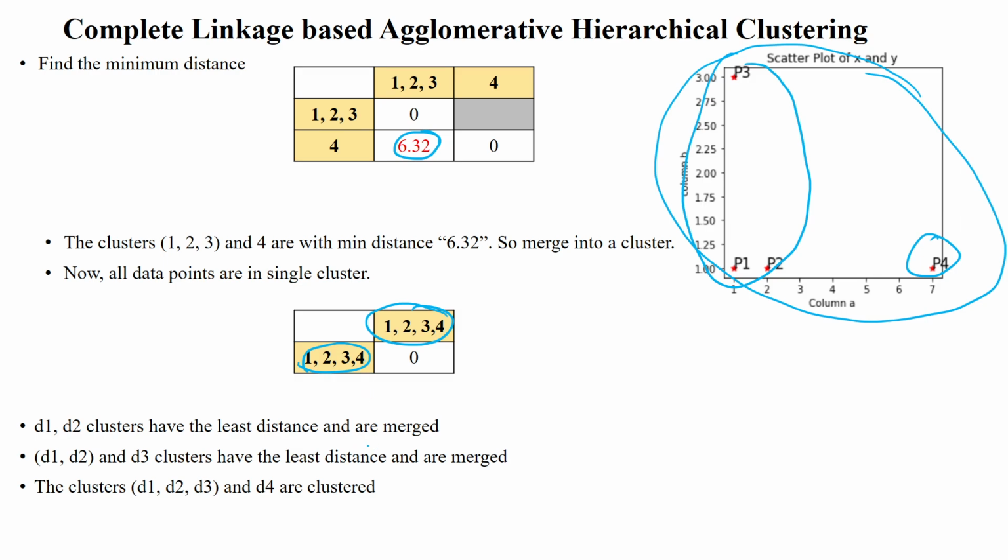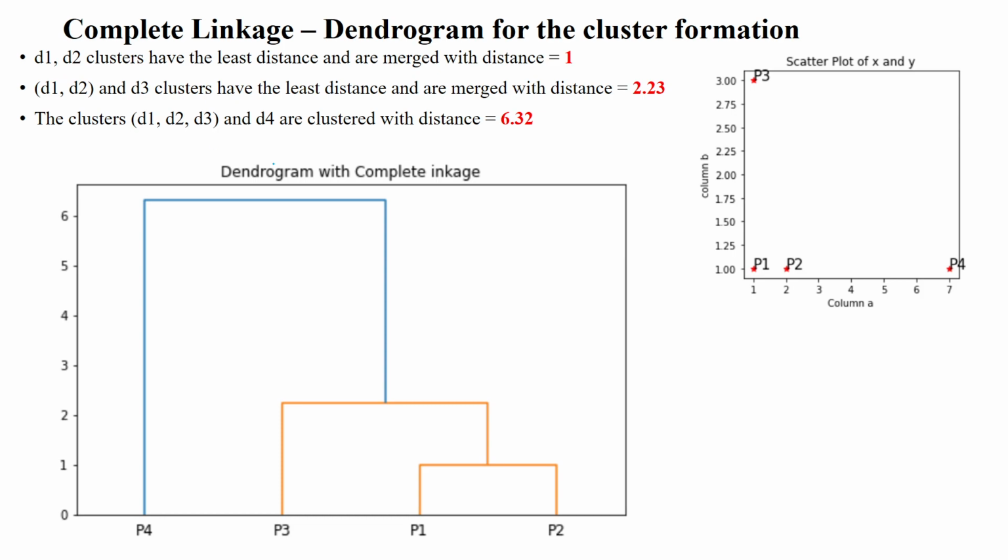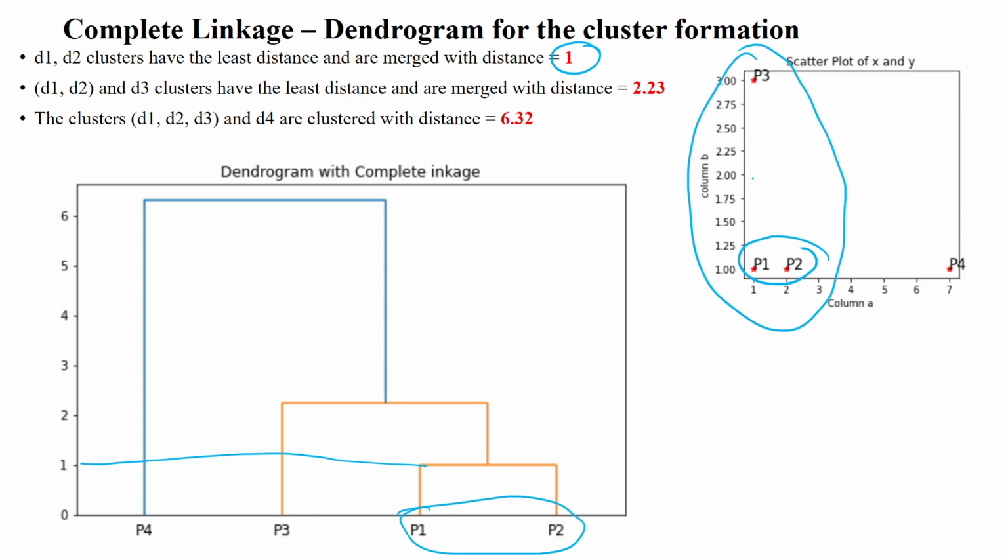After this, we have to draw the dendrogram, the tree-like structure. Initially we combined P1 and P2 with the distance value 1. Then we combined P1, P2 and P3.